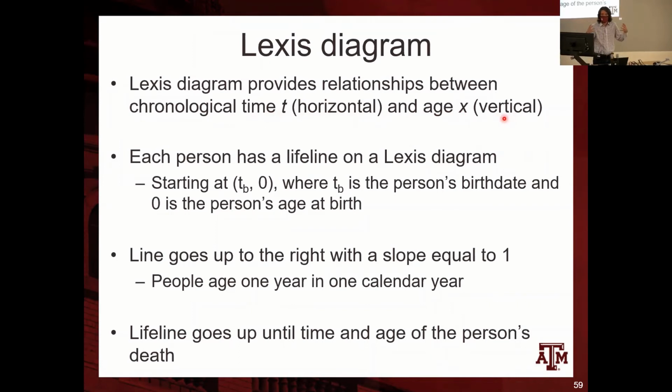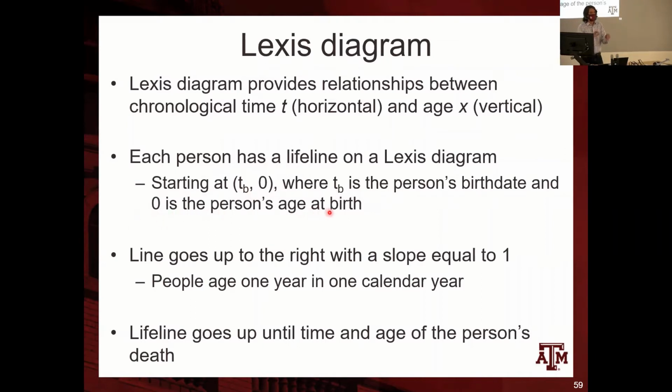And in the Lexis diagram, you can show one lifeline, one line in this graph, for each person that we count in that population. Each person will start at time TB, where TB is the person's birth date and 0 is the person's age at birth.